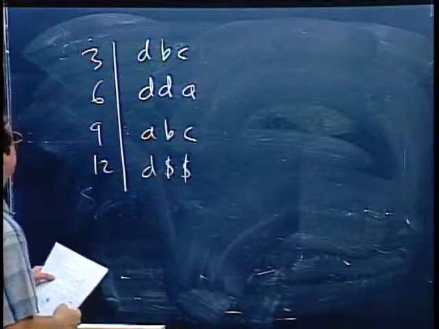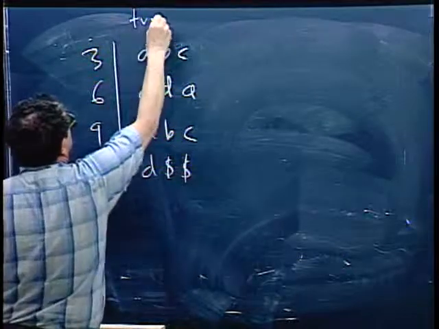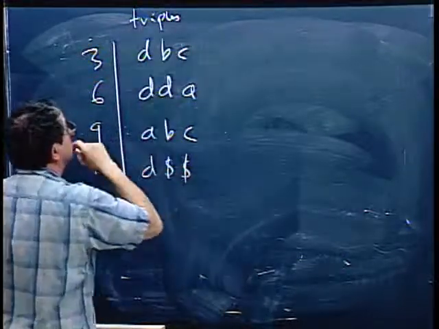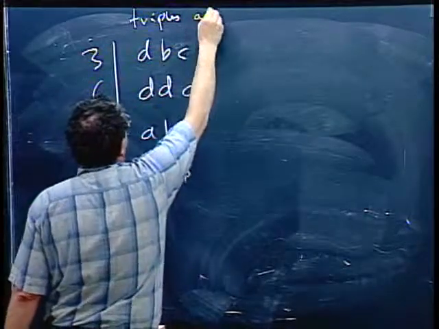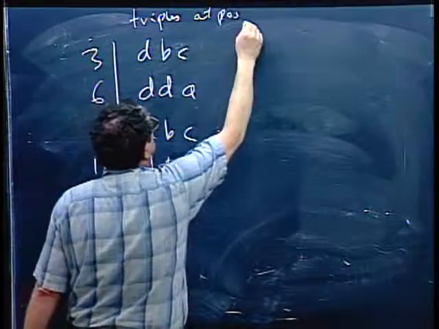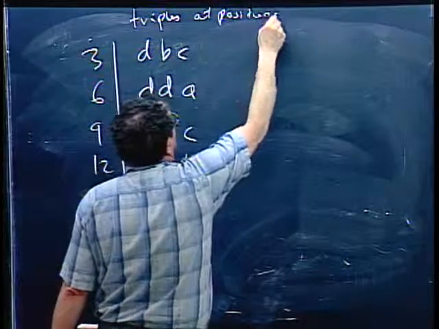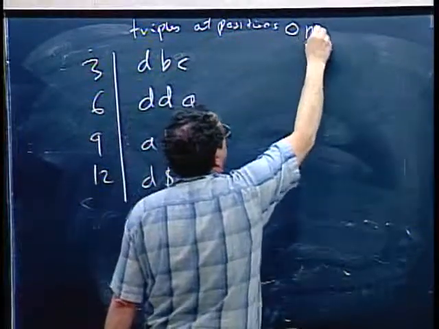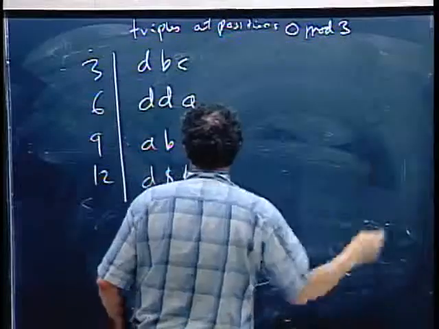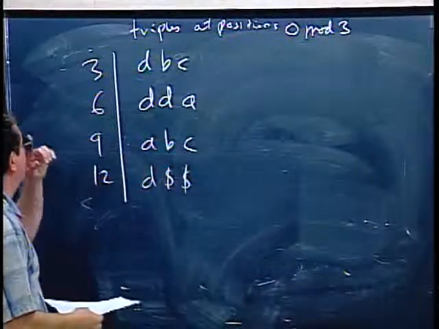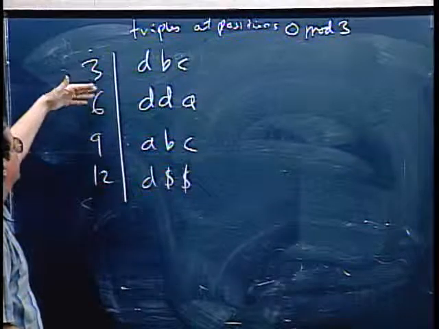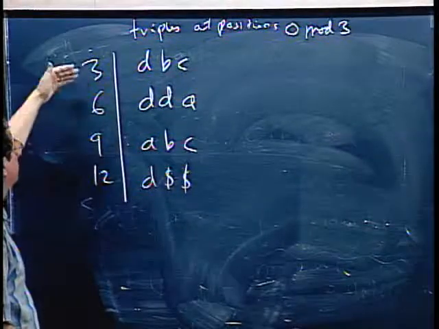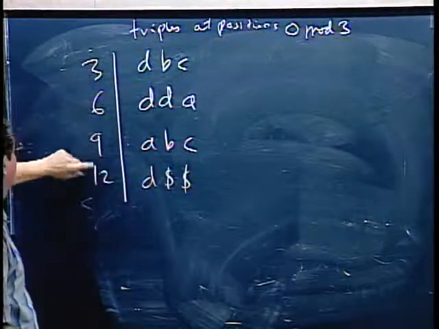So these are the triples at positions 0 mod 3. And we want to know what is the suffix array of S restricted to the positions that are 0 mod 3.